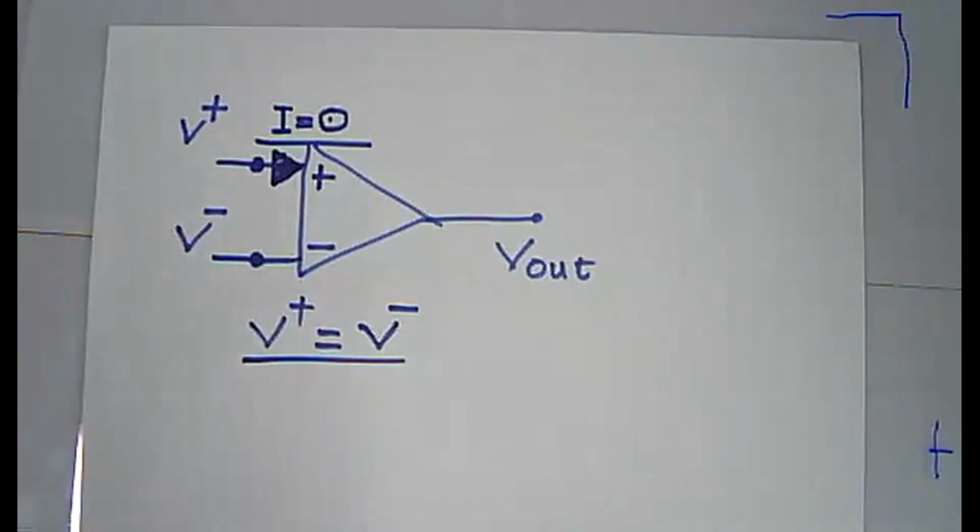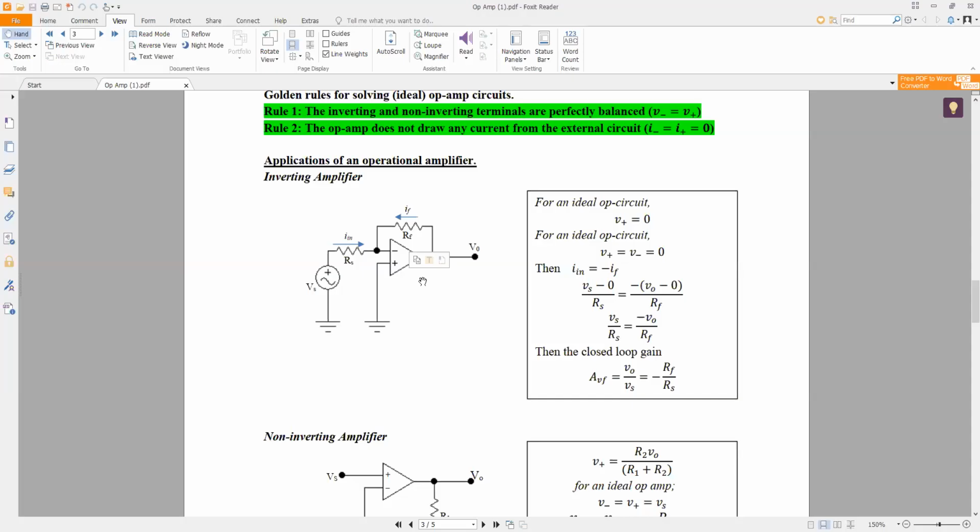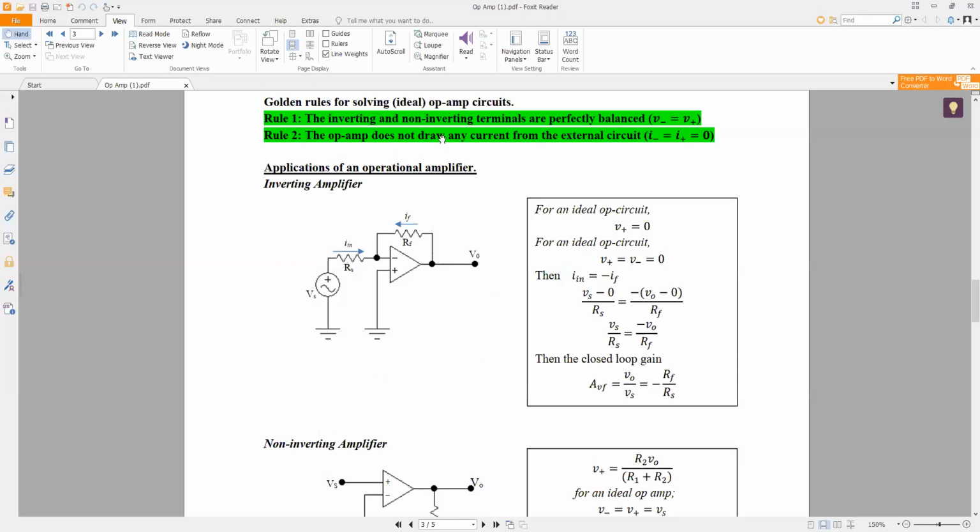Now we'll see the inverting amplifier circuit. Here the circuit is given. I'll draw the circuit on paper and continue the derivation.